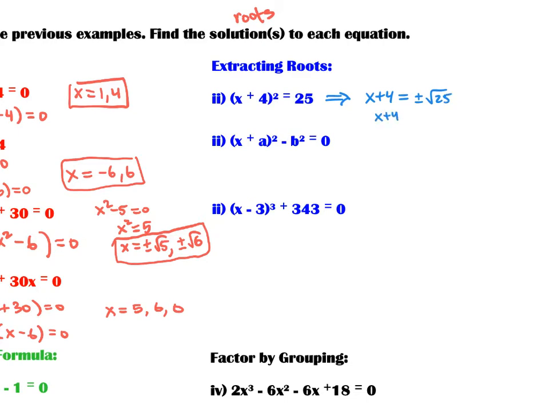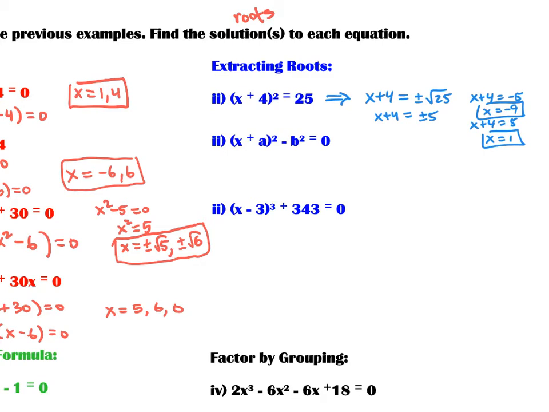So x plus 4 is equal to plus or minus 5. If that's true, then x plus 4 equals negative 5, and x plus 4 equals positive 5. Therefore, x equals negative 9, that's one of our solutions, or x equals 1.